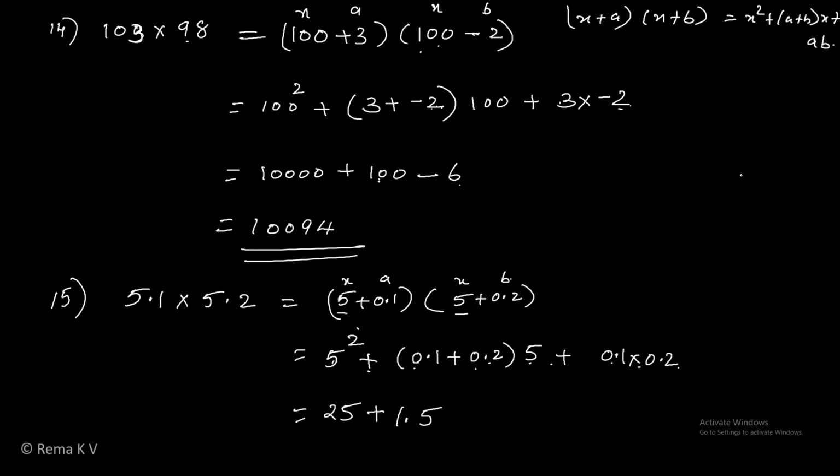Then plus, what about this product? 1 into 2, it is 2 decimal places, so it is 0.02. Now add it and find the answer.